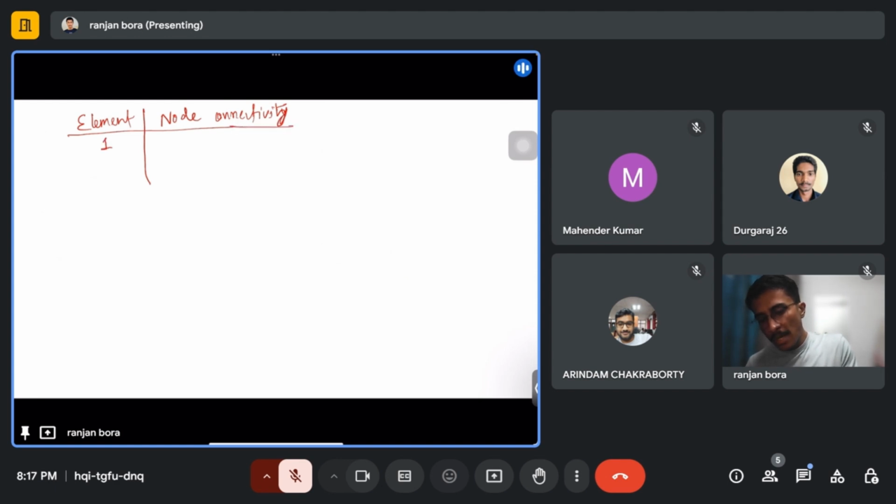So for element 1, the node connectivity are 1 and 2. Element 2, node connectivity are 2 and 3. And element 3, node connectivity are 2 and 3.